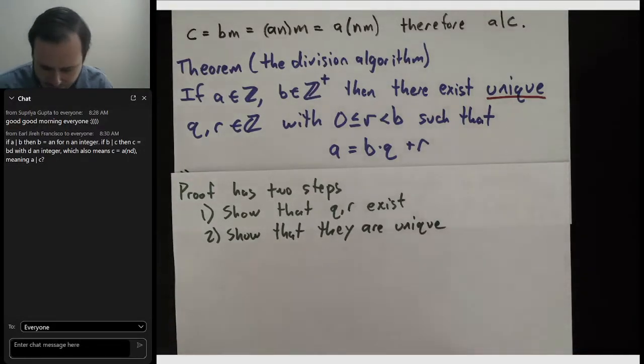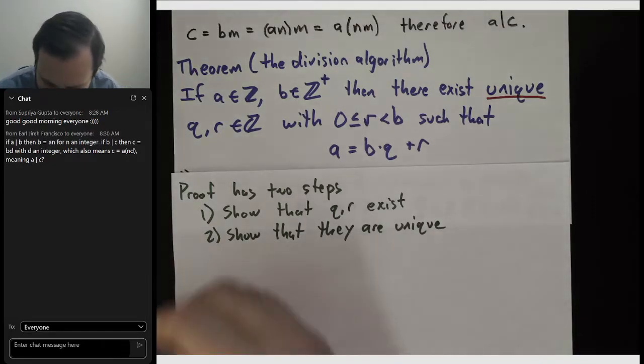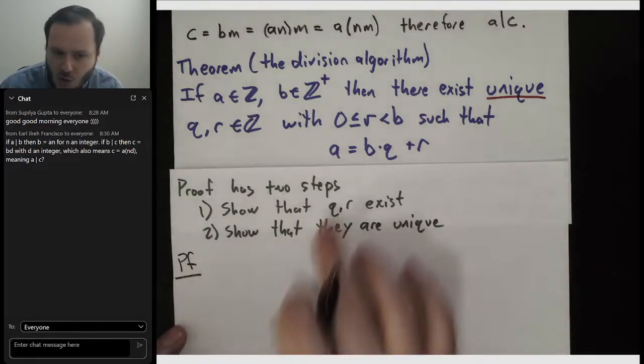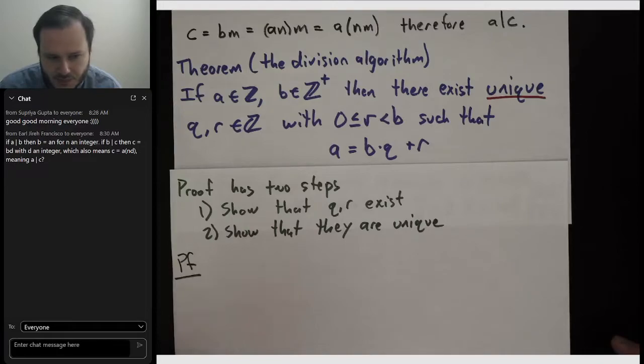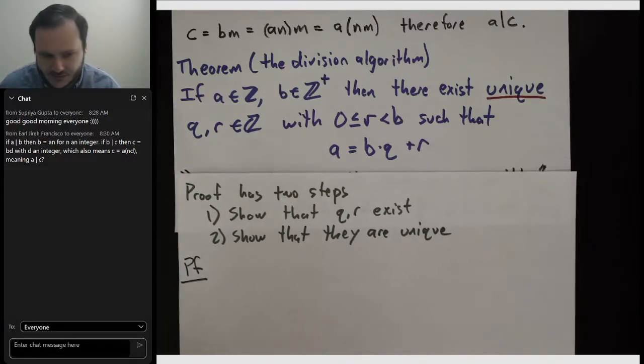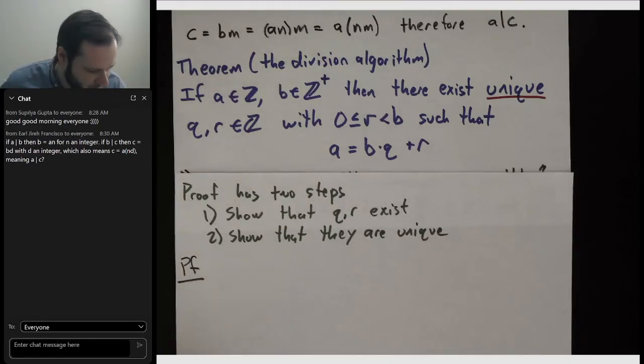Okay. So proof. We'll start with step 1. We want to show Q and R exist. The easiest way to show that something exists is to just find it. But we need to show that they always exist, so we're going to use induction. That's the takeaway here.